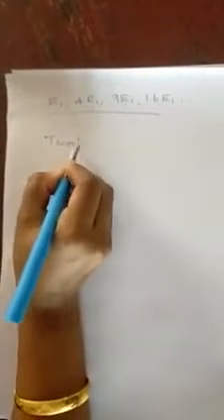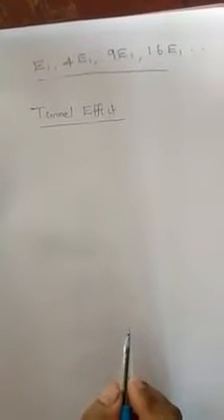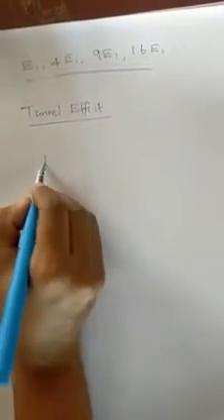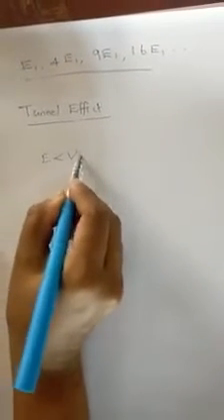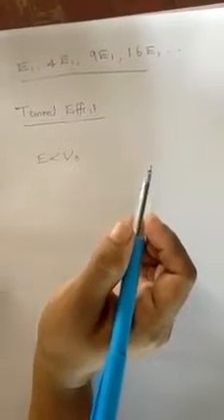Next, we have to discuss the tunnel effect, that is quantum mechanical tunneling. According to classical mechanics, when a particle of kinetic energy E approaches a potential barrier of V0, that is if E less than V0, it reflects back without entering the other side.